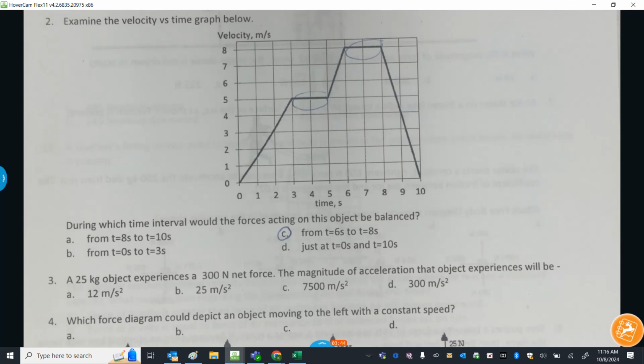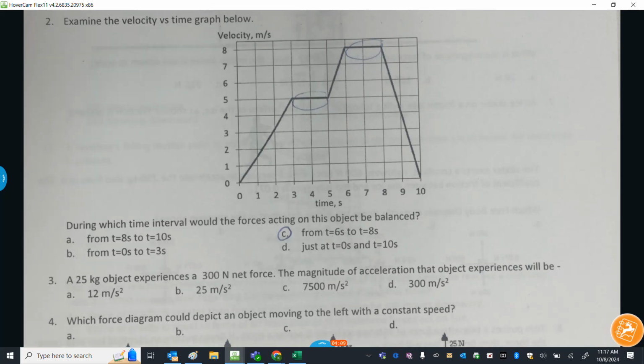At that point, you have constant velocity, and if you have balanced forces, that's what you would expect to have, is constant velocity or being at rest, but no acceleration. Okay. Anybody have a question about number 2? Again, if you see something like this tomorrow, don't miss it again. Jot down whatever you need to. You can even draw what it would look like on an XT graph, just for practice if you want.